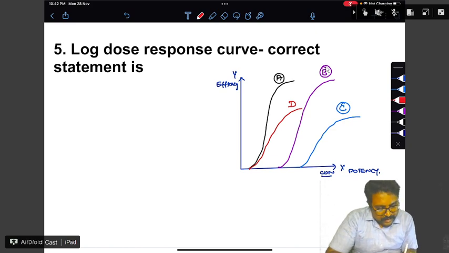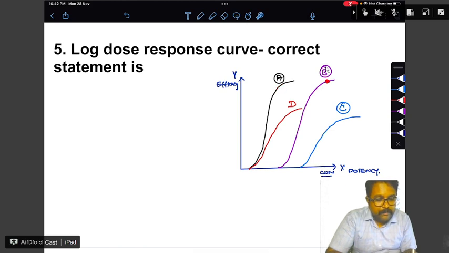So let us compare. The x-axis tells about the potency and the y-axis tells about the efficacy. When we compare A and B, and check the x-axis, which has got more potency?